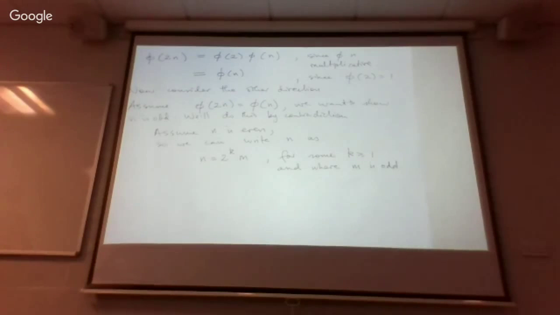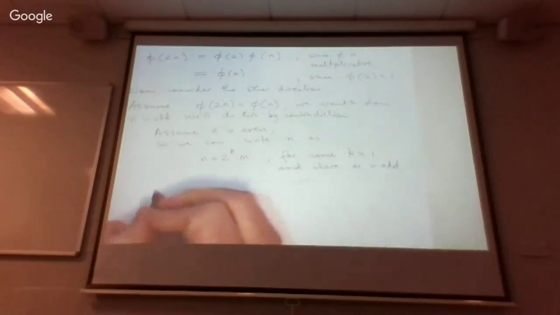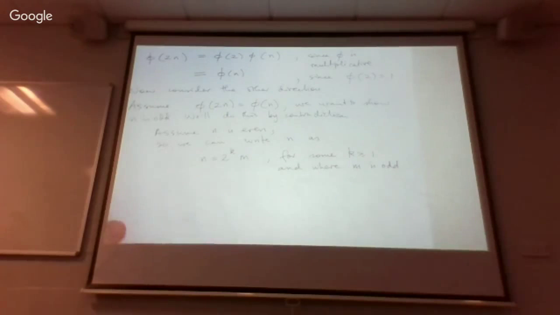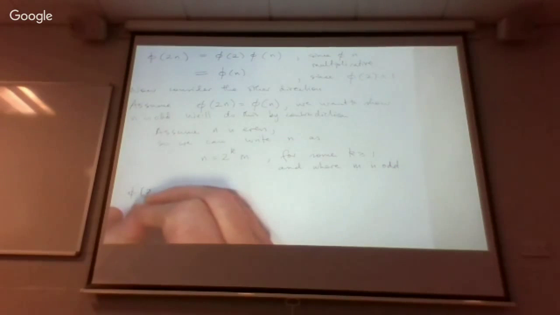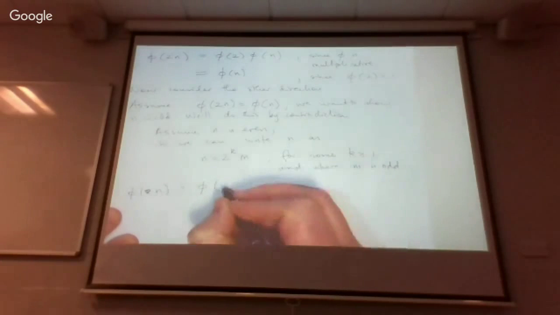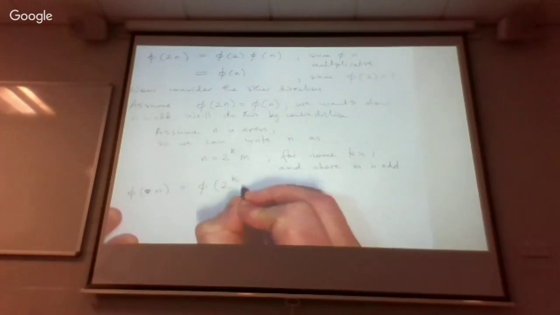We know there's at least one. Now this is what we're going to contradict up here. So let's look at phi of n.